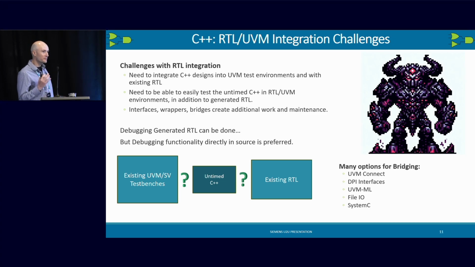With the Catapult tools, debugging the generated RTL is generally not that bad, because there's very nice traceability back to the RTL, but still not ideal. I'll add that there are many options for bridging between C++ and SystemVerilog and UVM, and we've explored a number of those in the past, and here this solution will focus on using SystemC.